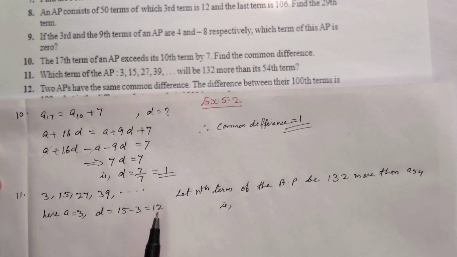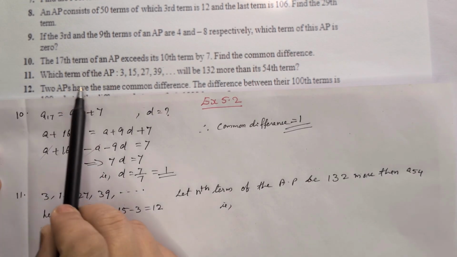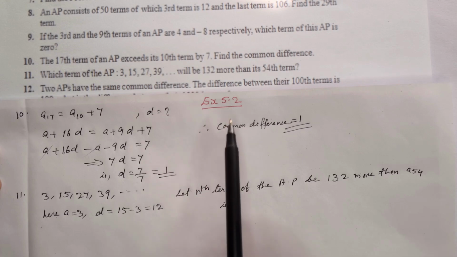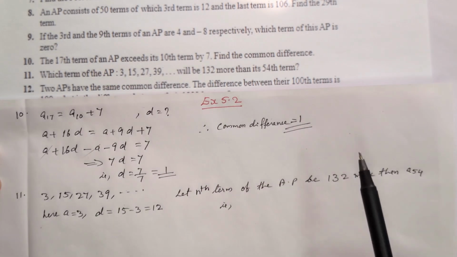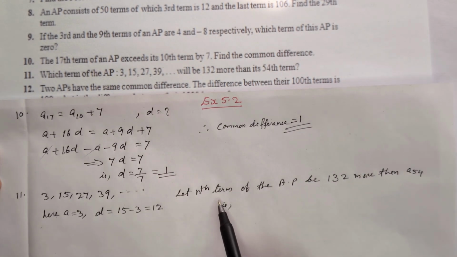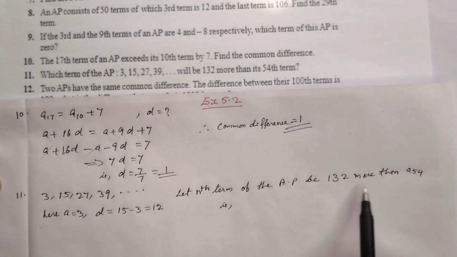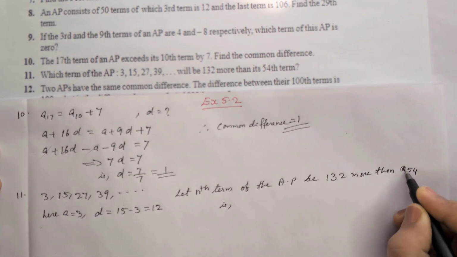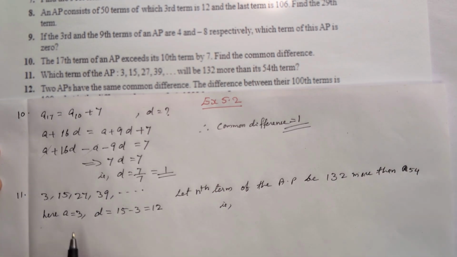The 11th question: which term of the AP 3, 15, 27, 39, etc. will be 132 more than its 54th term. So we can take the nth term of the AP to be 132 more than A54. The 54th term means A54. And here a is equal to 3, d is equal to 15 minus 3, that means 12.